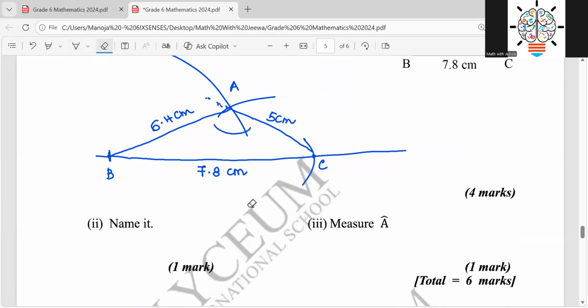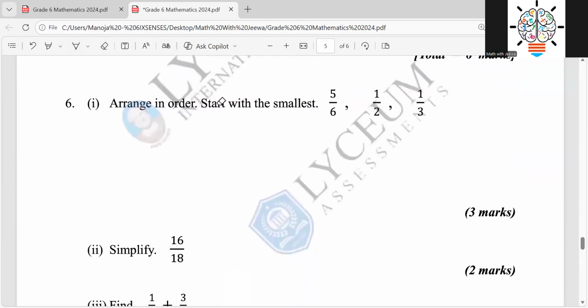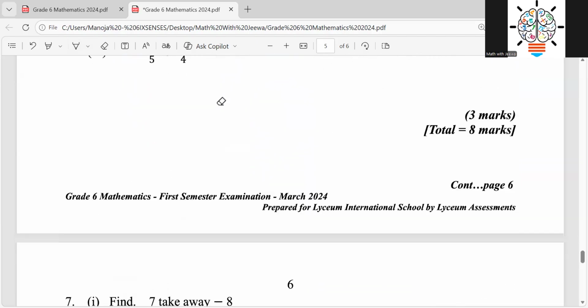Again, I'm telling you, children, here I'm not going to explain, but in that video, I have shown you how you want to measure the angle and how you are going to keep the protractor, where you should keep the protractor, and which scale you are going to use, because we know in the protractor we do have the inner scale and the outer scale, right? So these things I have discussed in that video, right? Then we will move to question number 6, right?